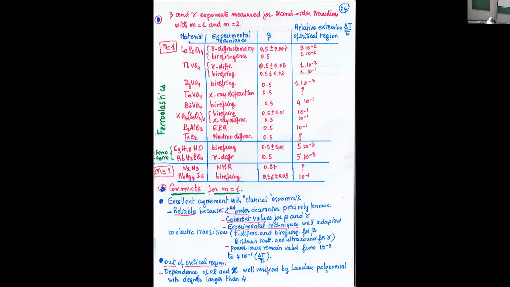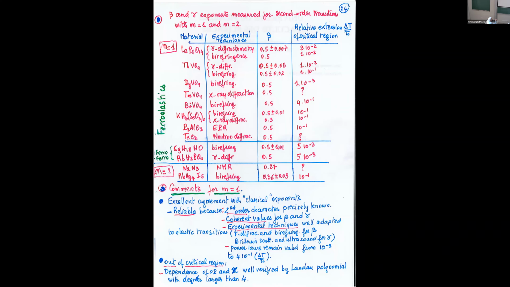I indicated the experimental techniques which are really well adapted for the measurement, so the numbers that we have are really quite reliable. And on the right hand, people at that time were doing things very carefully. They measured the extension of the critical region.